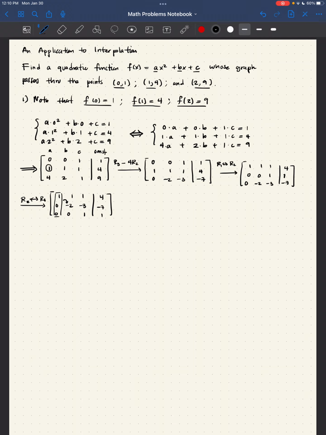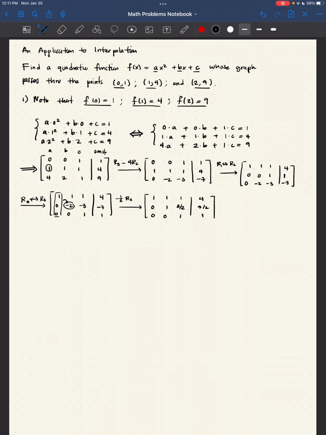But to do it, look, this one is non-zero and it's at the right location, so why don't we just multiply the second row by negative 1/2. So that would be negative 1/2 on row number 2, and we will obtain the following: 1, 1, 1, 4, 0, 1, 3/2, 7/2, followed by 0, 0, 1, and 1 on this entry.